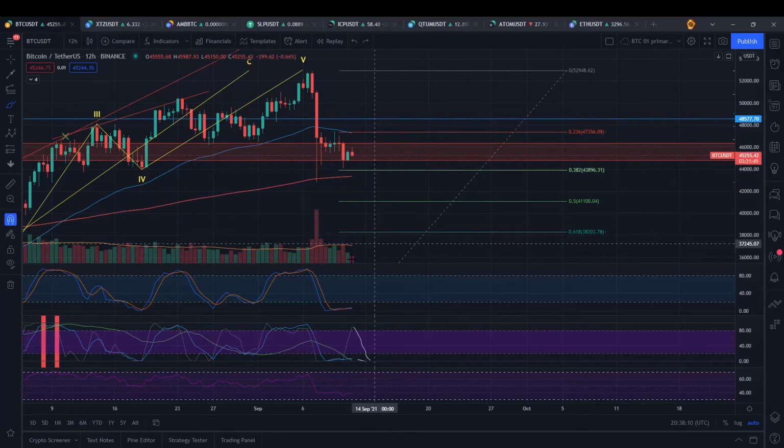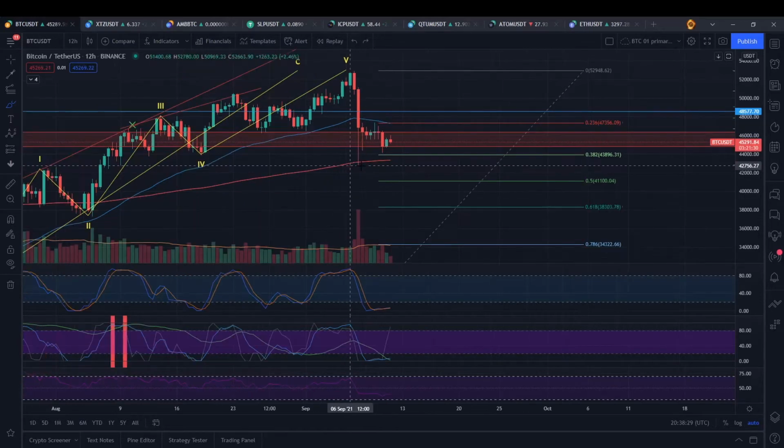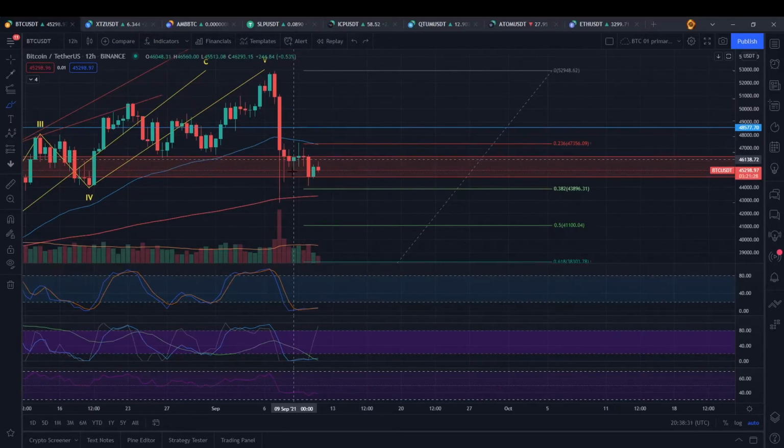So what do you do with this information? It's very simple. You just know that you now have around a 50 or even slightly more percent chance that this is a fake out, and you act accordingly. If you know that this is a 50% fake out, or 60 or even 70, it's hard to put a number on that.